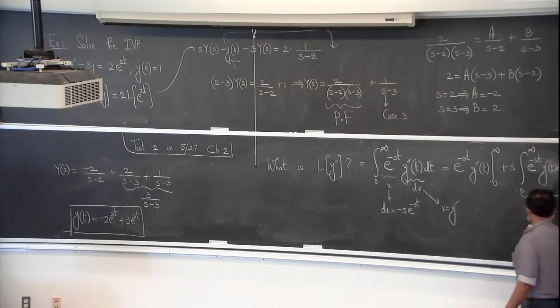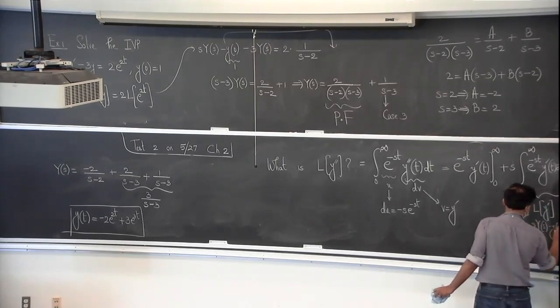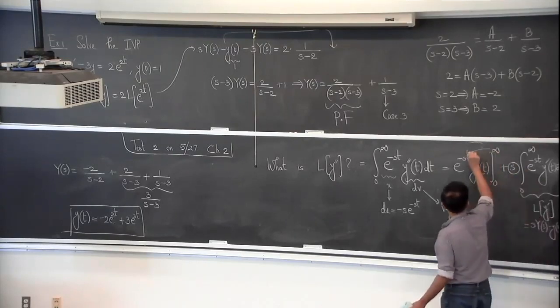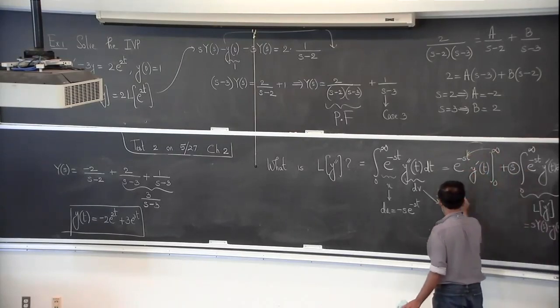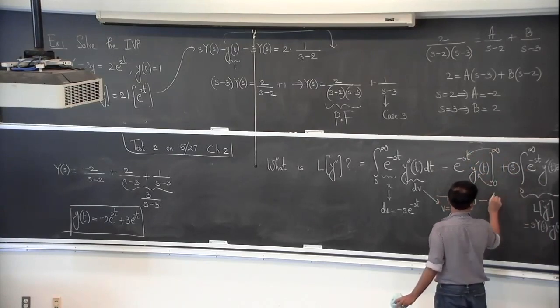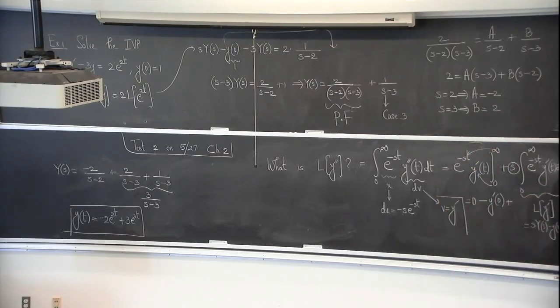So it's going to be s times y of s minus y of 0. And there is an s waiting out here, so you need to distribute it over. This term here will give you 0, like we had earlier, minus y prime of 0. So there are the two initial values, right?